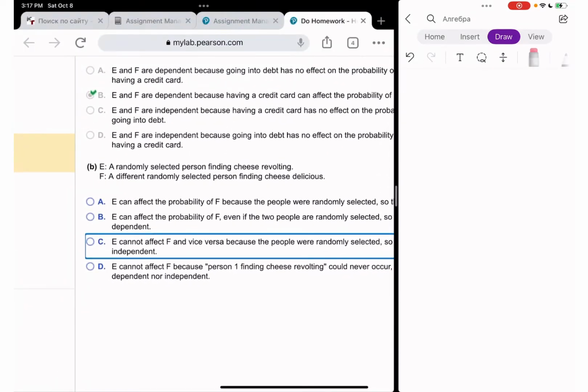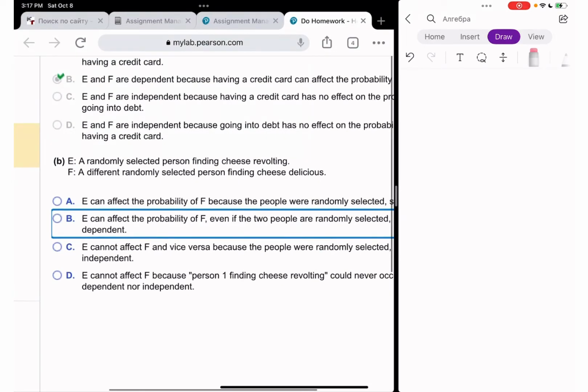Question B. A randomly selected person finding cheese revolting. And a different randomly selected person finding cheese delicious. So in this case, event E cannot affect F, right?